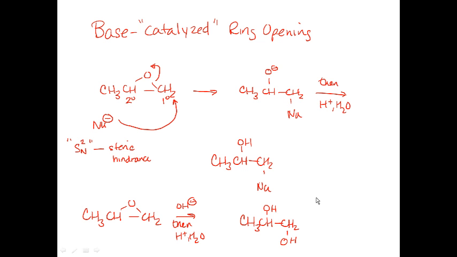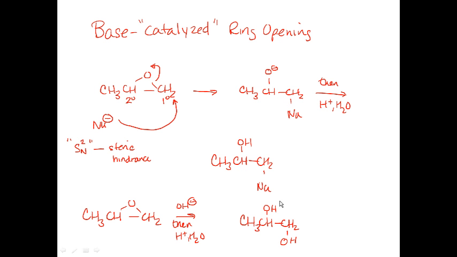So we don't see a regioselective difference if we use hydroxide to open up this epoxide to form now, again, still our trans diol. I can't tell the difference between these two oxygens. So we get the same product whether we use acidic or basic ring opening when we use hydroxide or H plus H2O to form the trans glycol or the trans 1,2 diol.